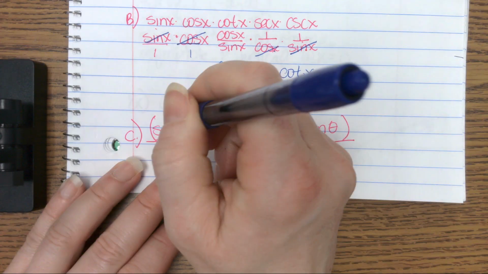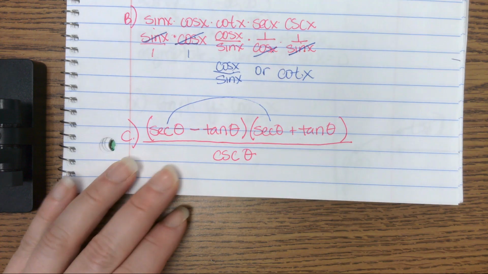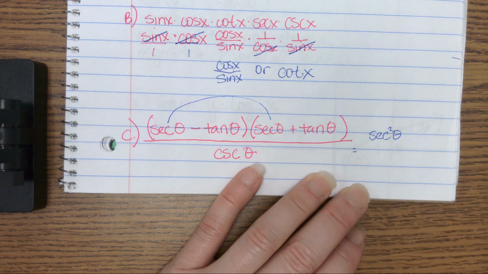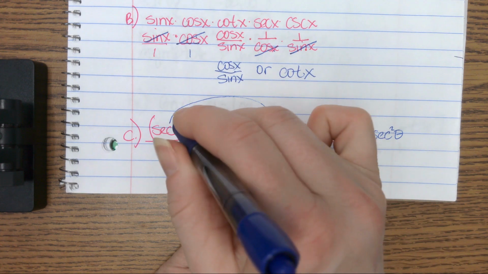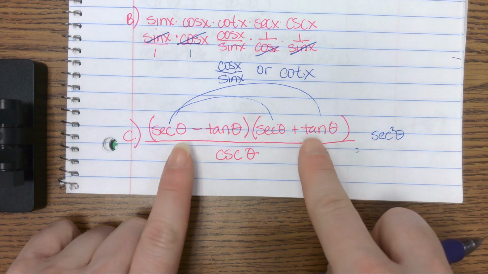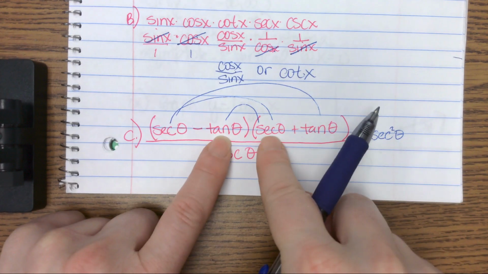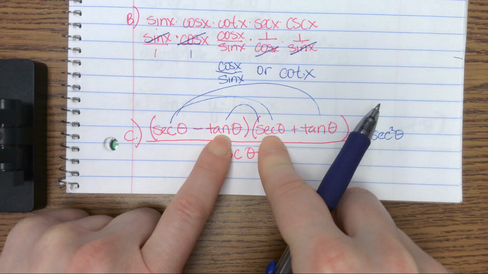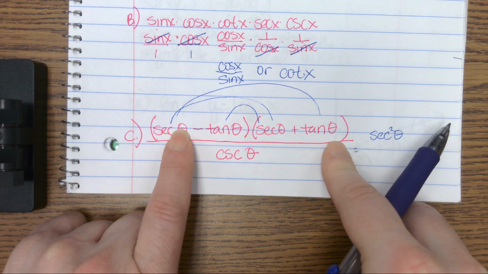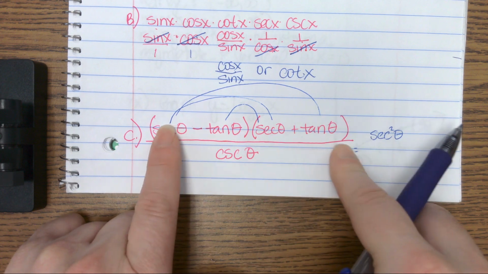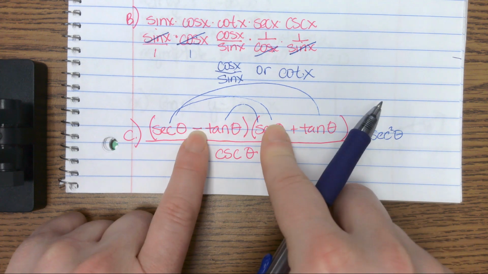So I'm just going to walk us through here. If you would multiply the top together, you get secant squared, which I'm going to write like this. If I did the outside, I'd get secant times tangent, and the inside, that would be minus secant times tangent. Okay, so positive secant tangent minus secant tangent. I'm not going to bother writing those down because those are opposite terms and those are going to cancel.